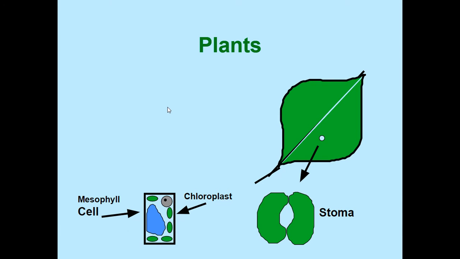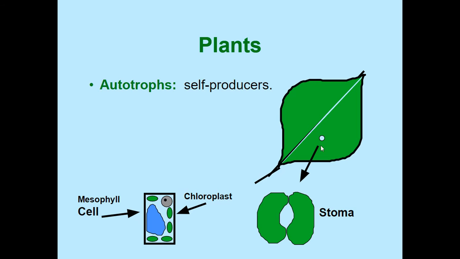Hopefully you recognize that as a simplified version of a plant cell, which we covered last chapter. These are also called mesophyll cells. So the mesophyll is a layer in the leaf, and specifically it takes place in the little green organelles in your cell. If you remember correctly, those are called chloroplasts.